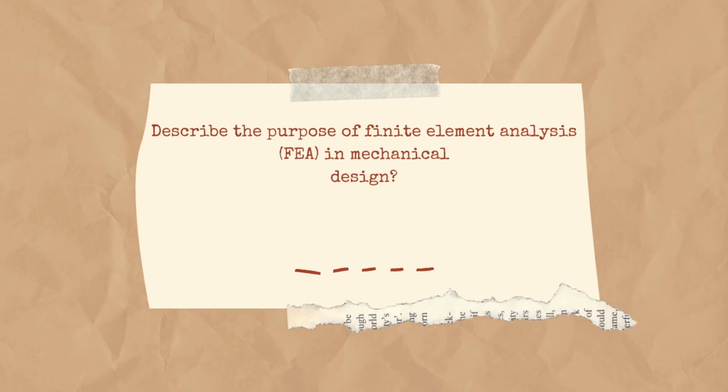Describe the purpose of finite element analysis (FEA) in mechanical design. Finite element analysis is a tool to simulate and analyze the behavior of the structure under several types of physical conditions. It will predict how the item will react to real-world conditions.